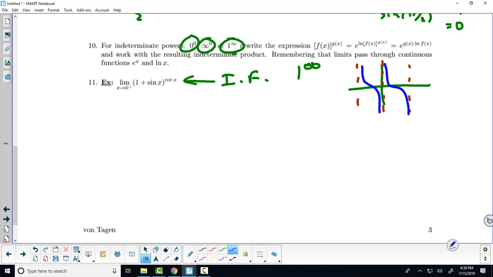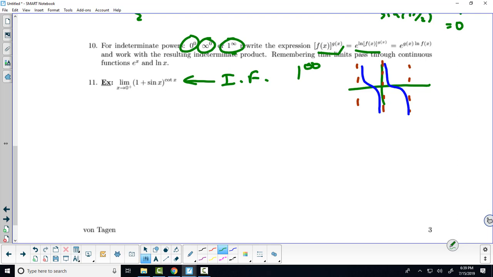I actually promised to do this one for you way back when we started that indeterminate forms handout. Let's see what happens here. The trick is to rewrite the original indeterminate power as e to the natural log of that indeterminate power.